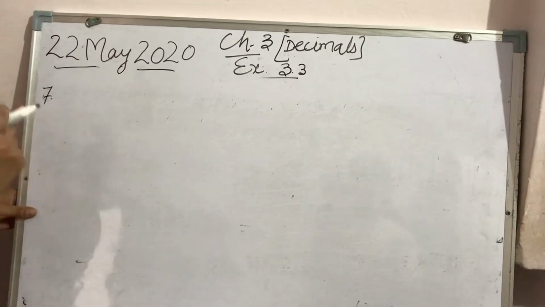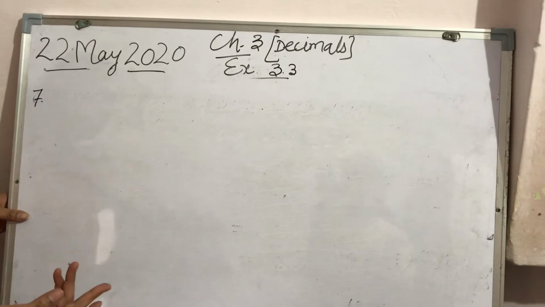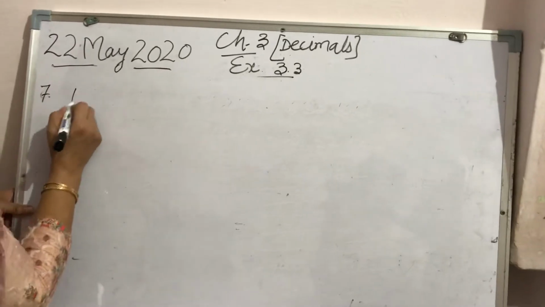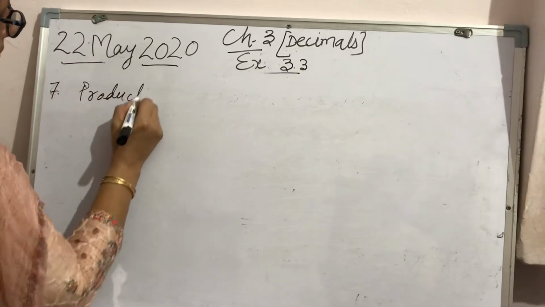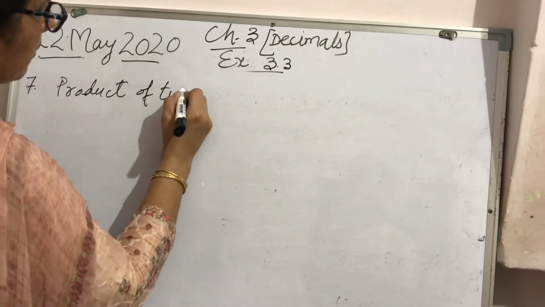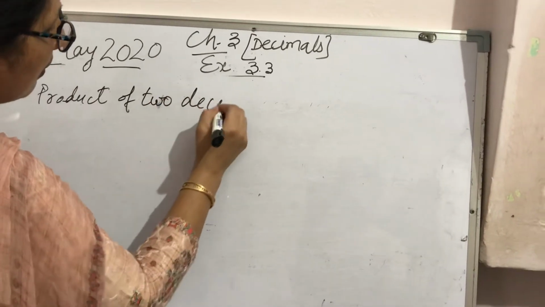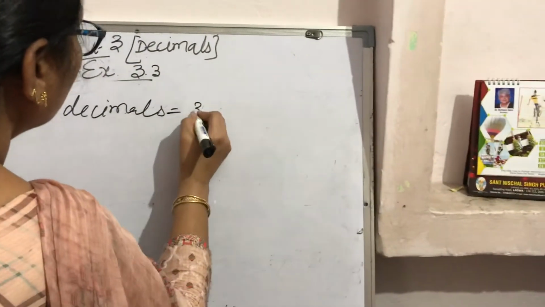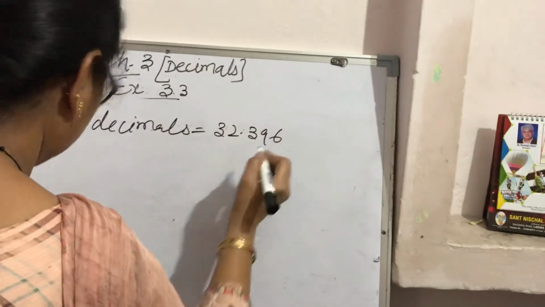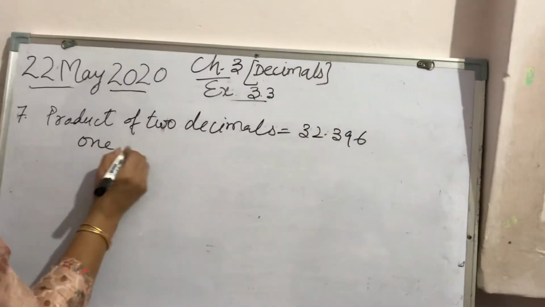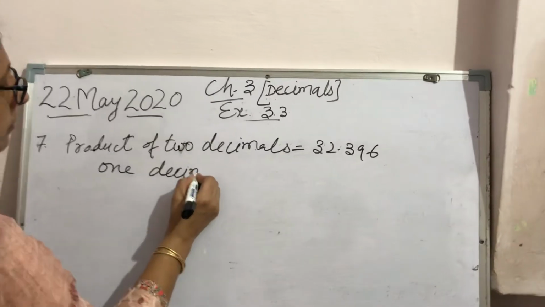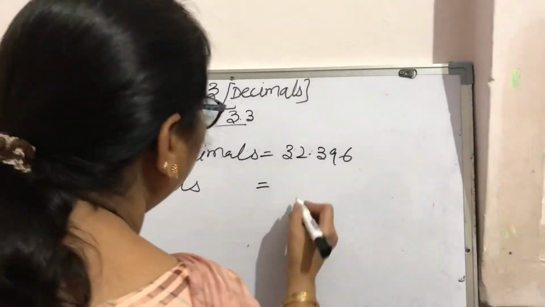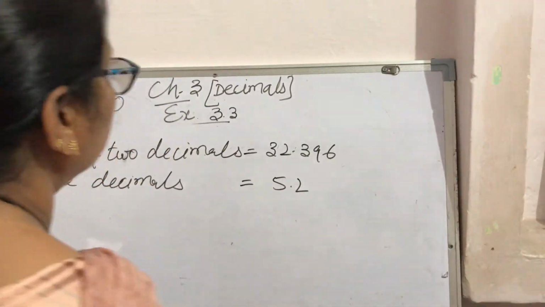For finding the second number, we can divide, or we can let the value be x and solve the equation. The product of two decimals is given, 32.396, and one decimal is 5.2.